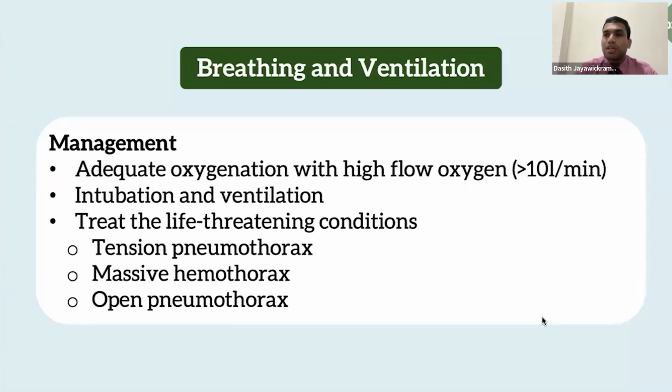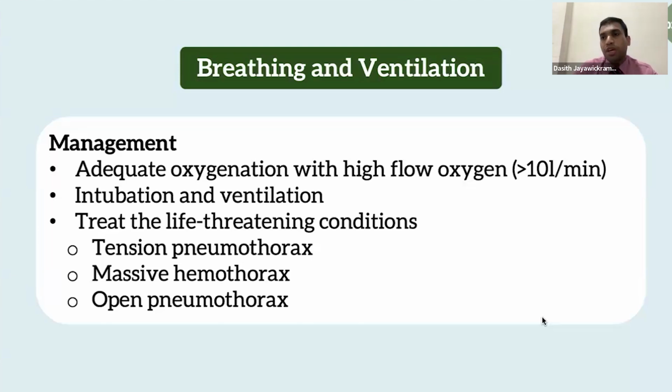So for example, in tension pneumothorax, we should immediately relieve it by decompression. We do needle thoracostomy and finger thoracostomy. And once that is achieved, we can put in an intercostal IC tube.